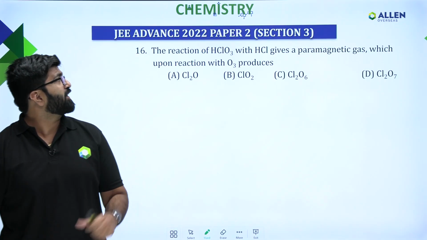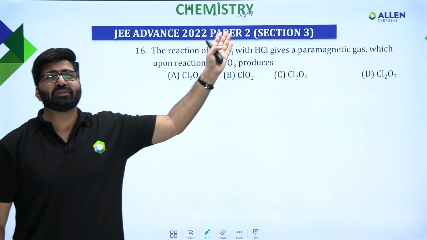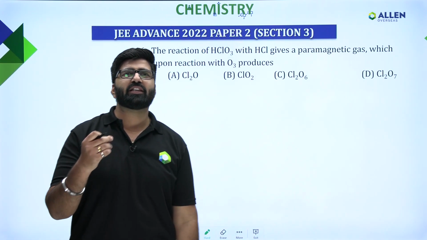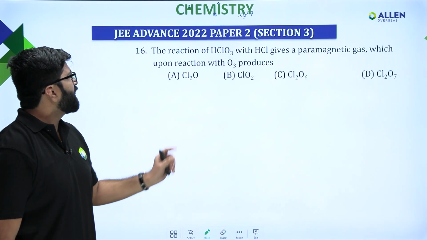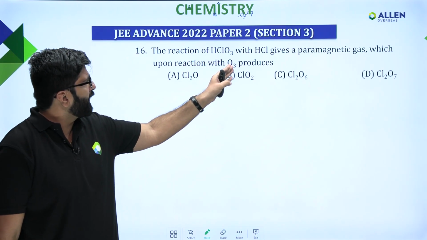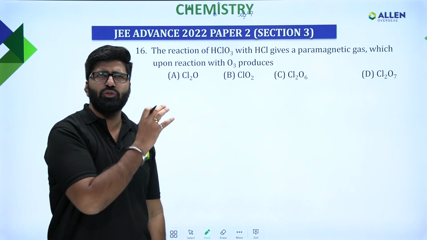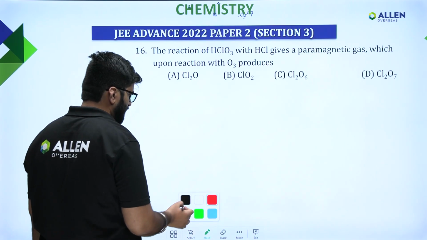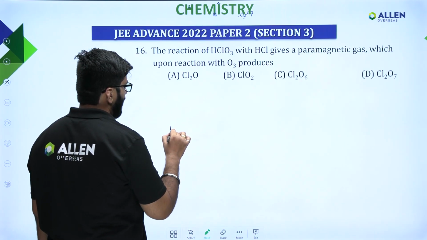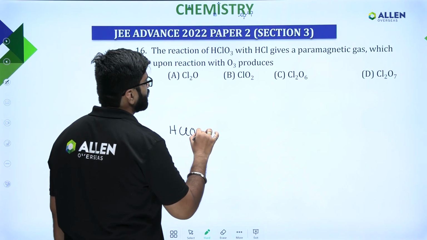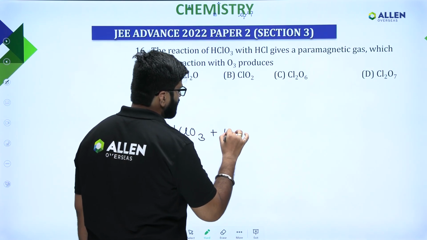So now let's start question number 16 of paper 2 section 3. What is given to us in question number 16? The reaction of HClO3 with HCl gives a paramagnetic gas. First, let's do a postmortem of this part, HClO3 with HCl.